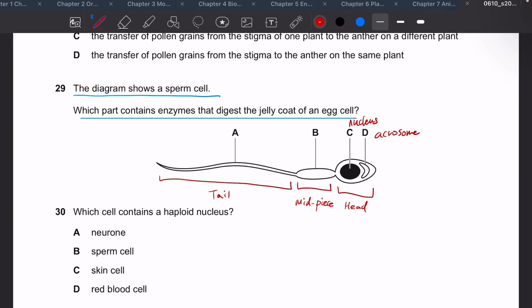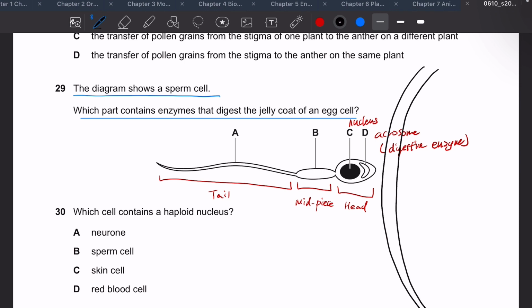It's this acrosome that contains many hydrolytic enzymes, or you could just call it digestive enzymes, that dissolve the jelly coat of an egg when it makes contact with the egg.